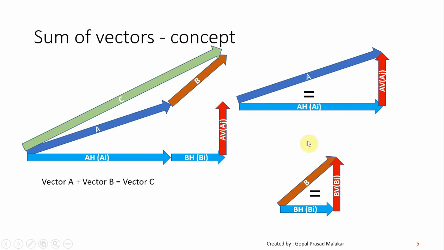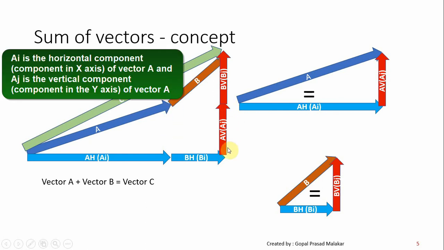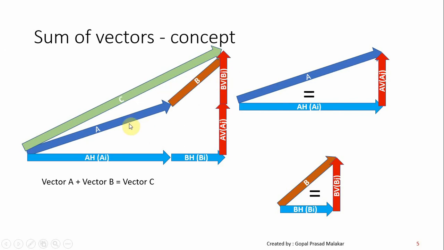Essentially, Aj is the vertical component of vector A, and Bj is the vertical component of vector B. Ai is the horizontal component of vector A, and Bi is the horizontal component of vector B. Horizontal component, or component in the direction of the x-axis, is the same thing.